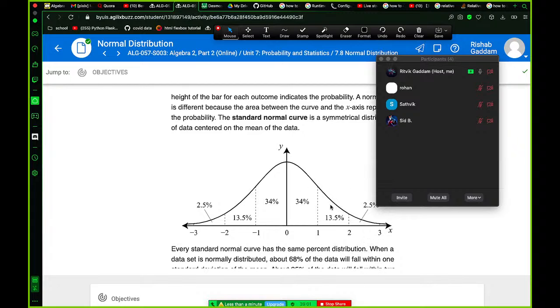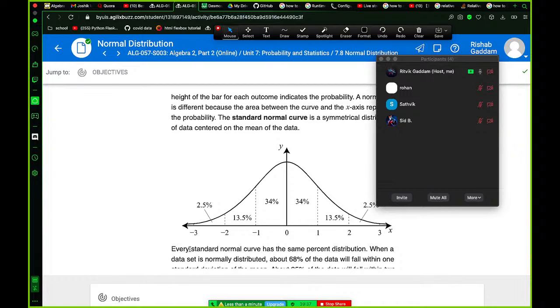So you just do 34 times 2, that's 68 actually. And then you have 68 plus 27, that's 95.